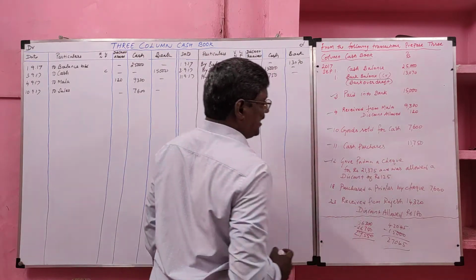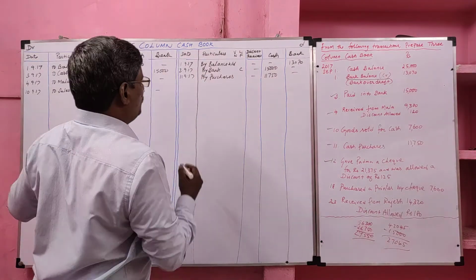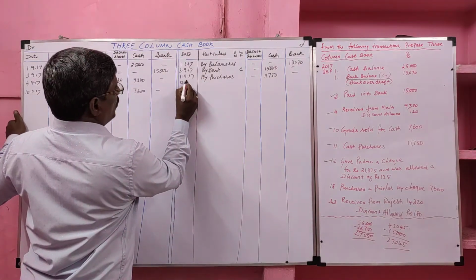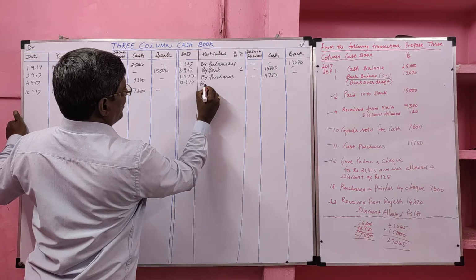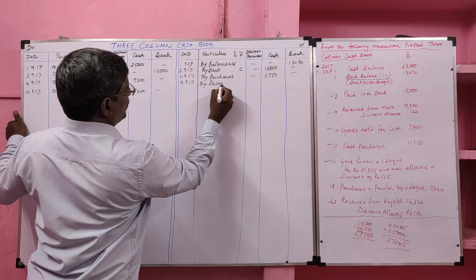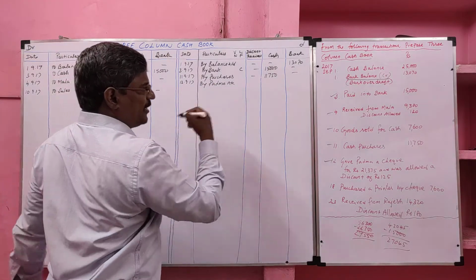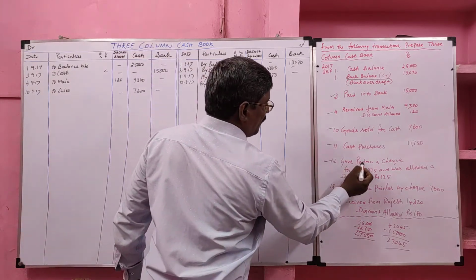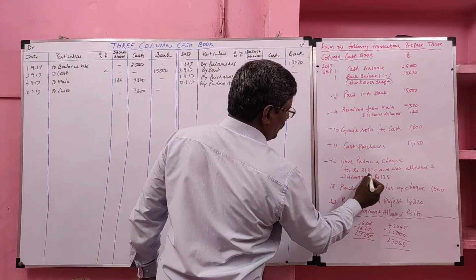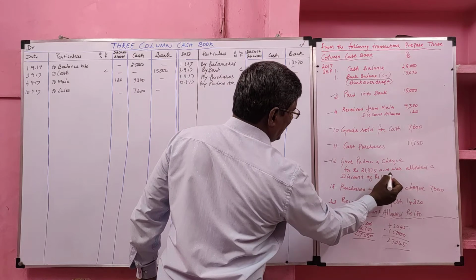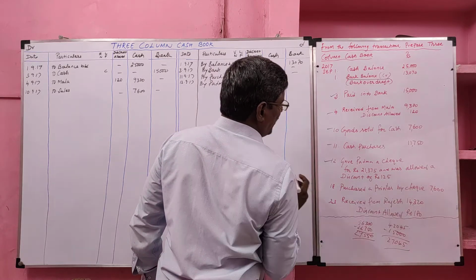Next, gave Padma a check. Gave Padma a check means we gave a check to Padma, 12/9/2017. When we issue a check, it will be recorded in the bank column. We gave Padma a check for rupees 21,375 and were allowed a discount of 125.